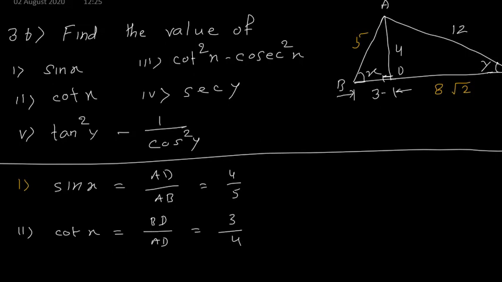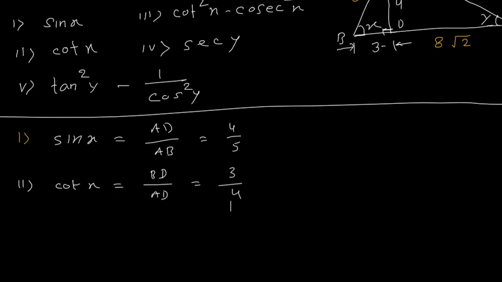This is cot x. Third is cot square x minus cosec square x. So, cot we have got, cosec is reciprocal of sin. So, third problem is cot square x minus cosec square x. What is the value of cot square?